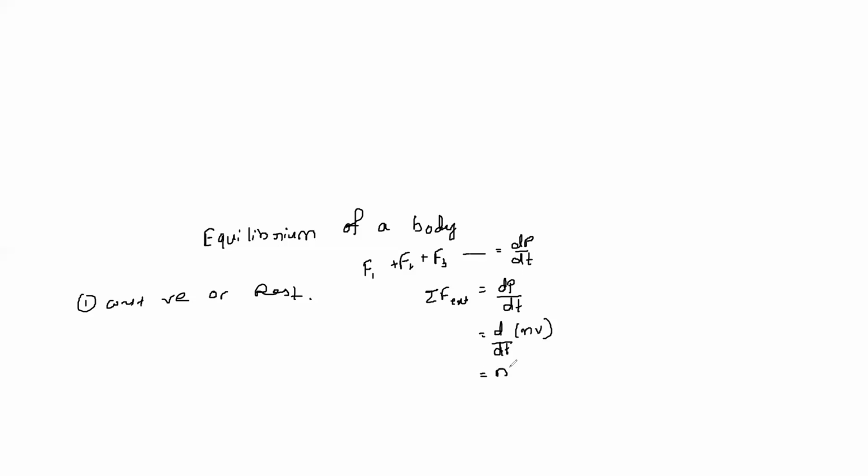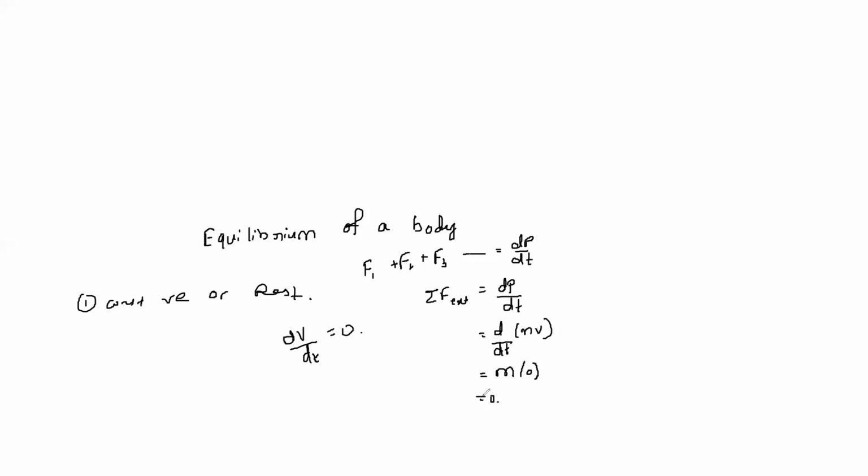Here m is constant, so we can take it out. As we have said, the body should move with a constant velocity, so dv by dt is equal to 0, and this expression becomes 0.